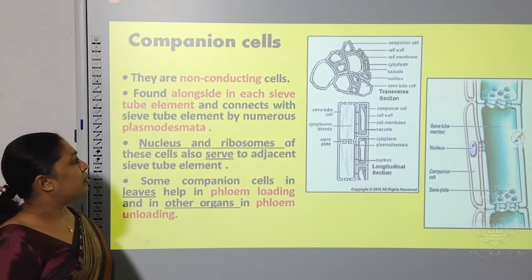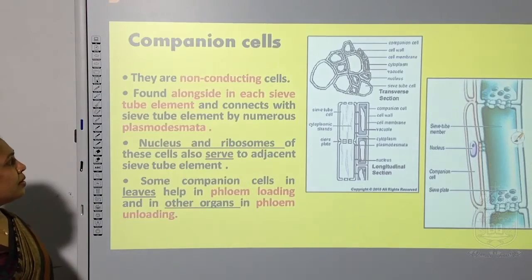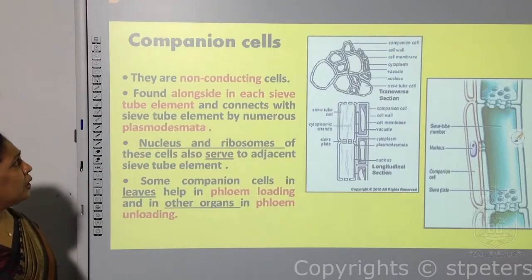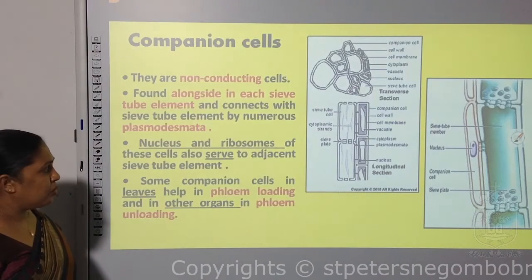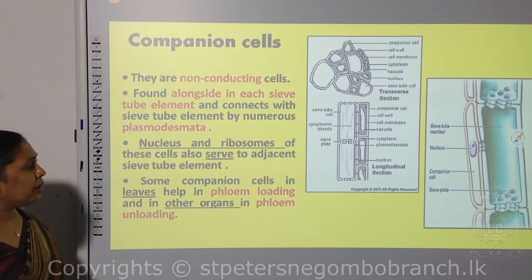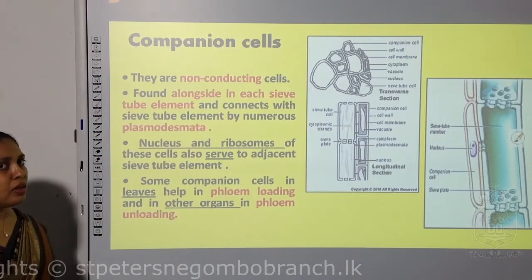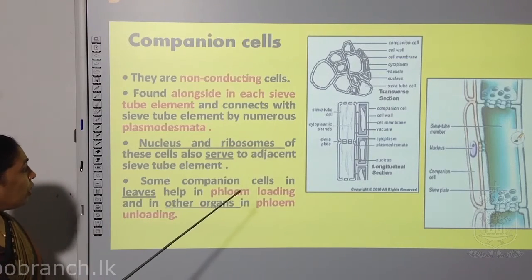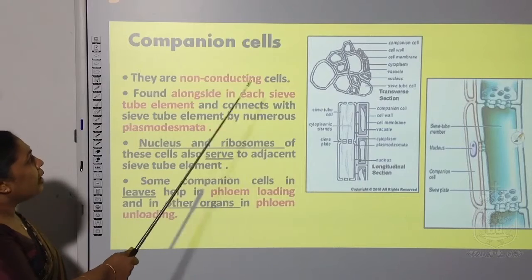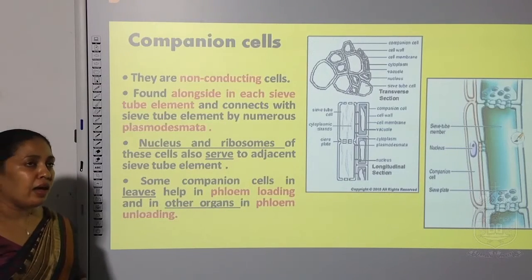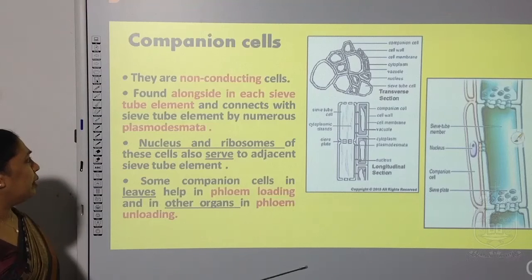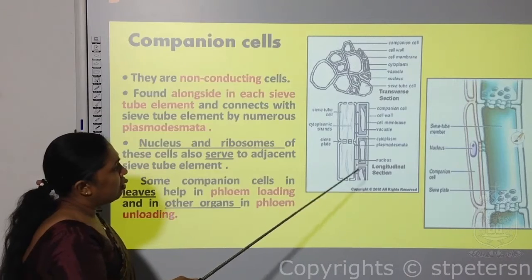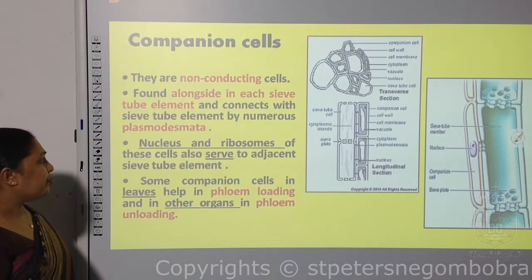The companion cells are non-conducting, and they are along with the sieve tube element. The sieve tube element is a structure differentiated to transport organic food. Companion cells are non-conducting, but they are alongside the sieve tube element, and they are connected to it with numerous plasmodesmata.